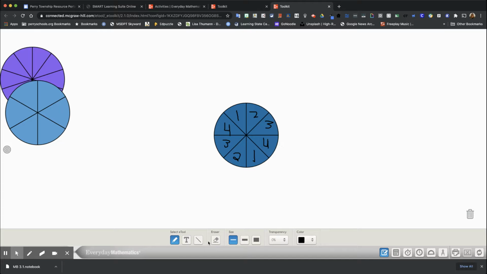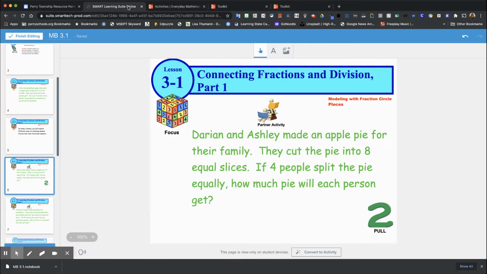So I'm going to look back in here and I'm going to change the color here for you, that person 1 gets 1 and 2. Okay, they get 2 out of how many slices total? 8 slices total. So they get 2/8 of the pie.